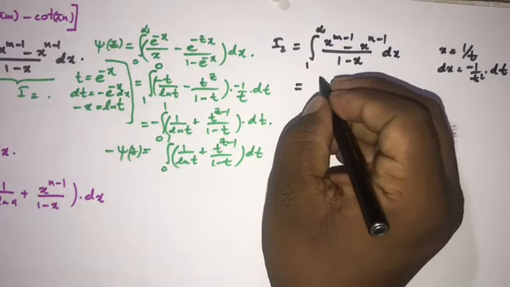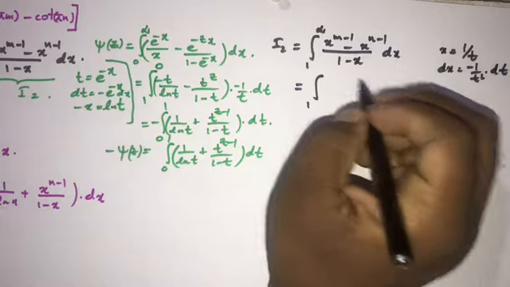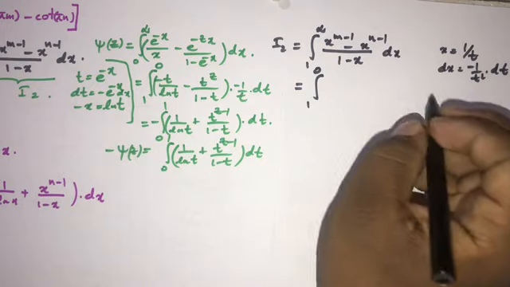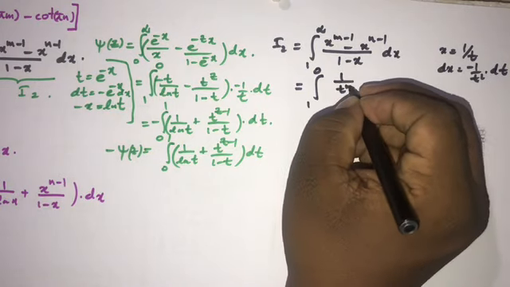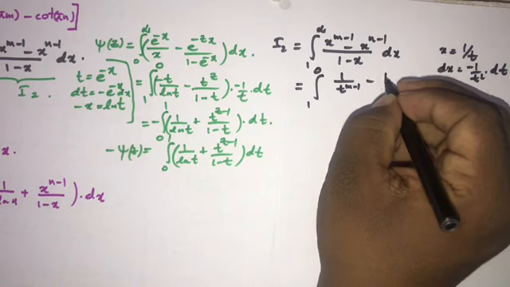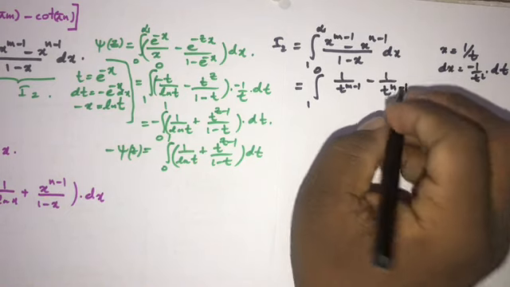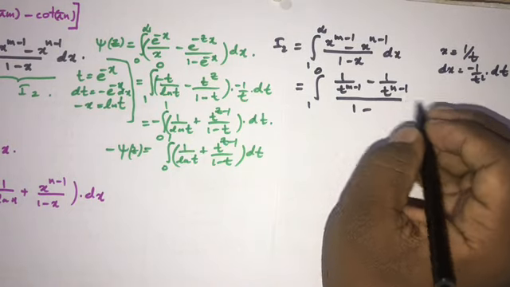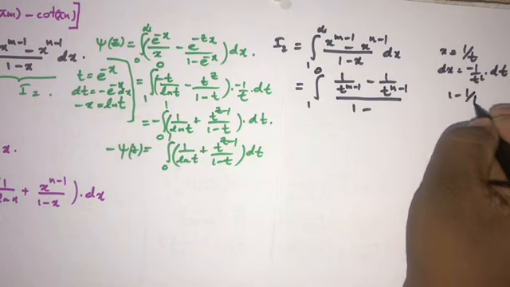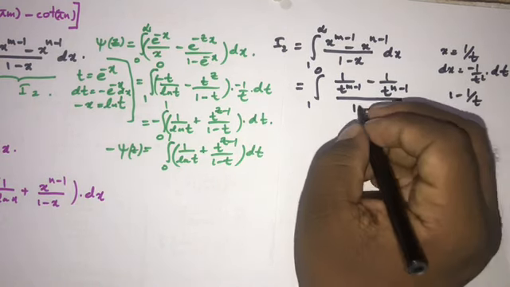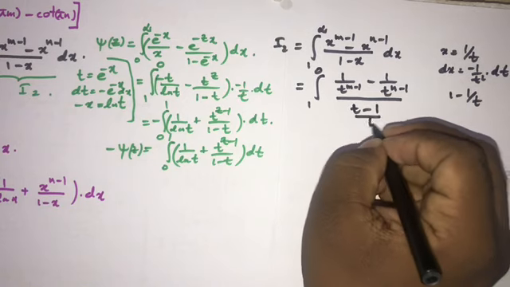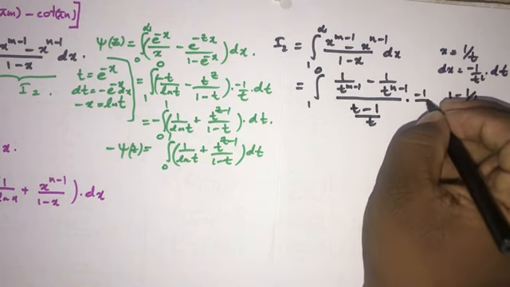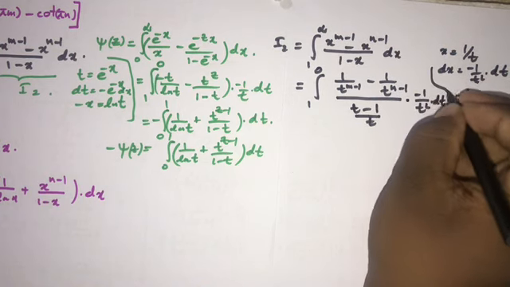Okay, now we can plug in here. The limit changes: 1 to 1 over infinity, so 0. Now we can write x equal to 1 over t, so 1 over t to the m minus 1 minus 1 over t to the n minus 1, over 1 minus x, which is 1 minus 1 over t, so t minus 1 over t, and dx is equal to minus 1 over t square dt.